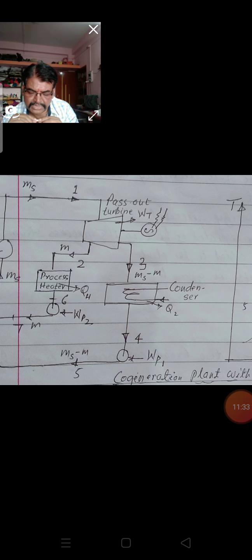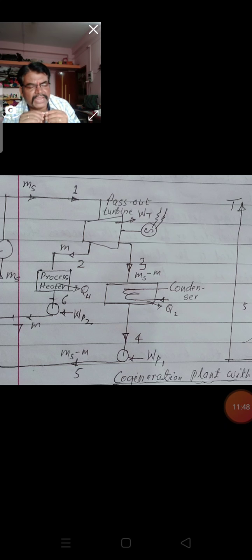Then the pump is again connected to the boiler and supplies the water to that boiler. That is how this cogeneration plant with extraction works.